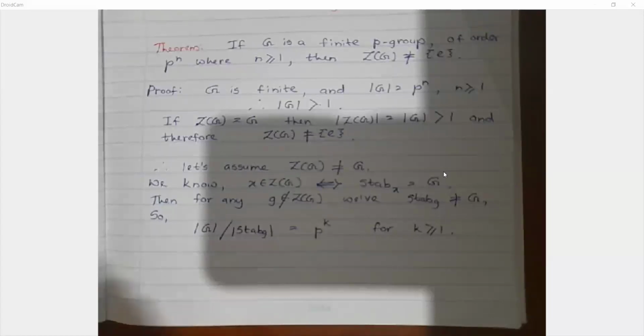Therefore, the order of G divided by the order of its subgroup must equal some other power of p. Okay? Right.